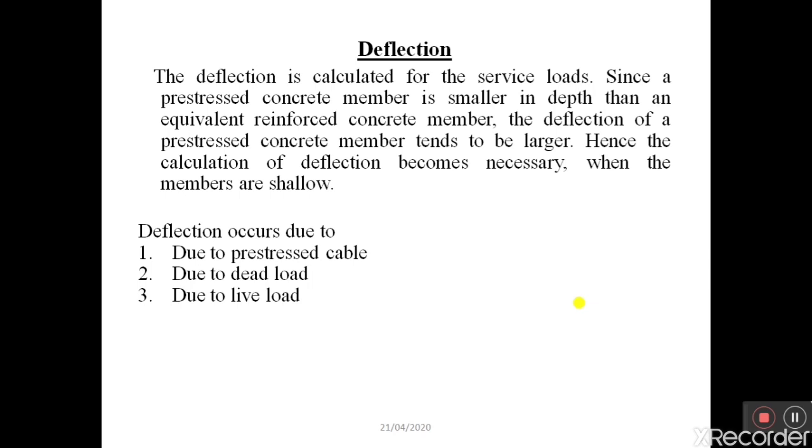In the case of prestressed concrete members, the deflection will occur for three cases. What are the three cases? The deflection occurs due to the prestressed cable, due to dead load, and due to live load. So these are the three cases under which the prestressed concrete beam will undergo deflection.